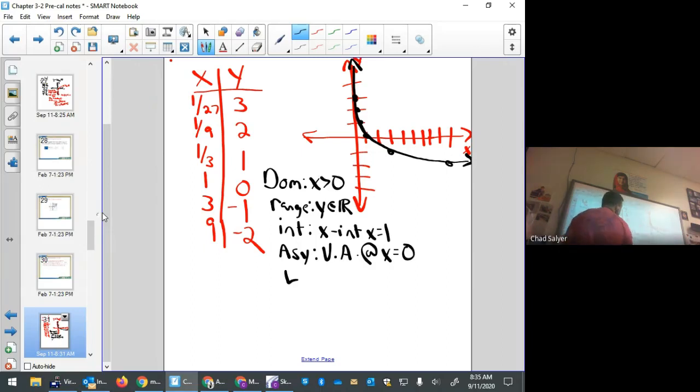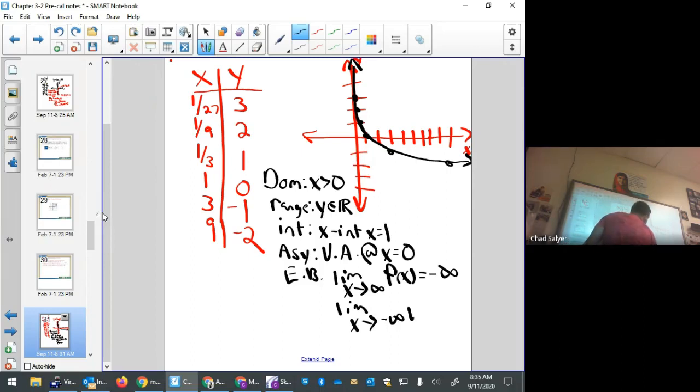End behavior: the limit as x goes to infinity of f of x is -infinity, and the limit as x goes to -infinity of f of x does not exist.